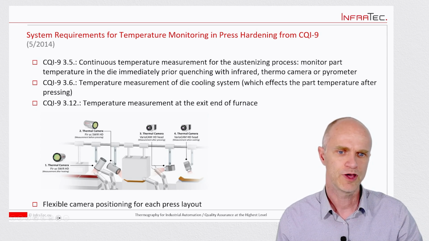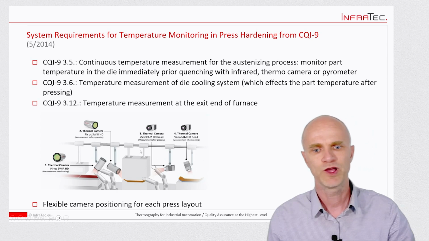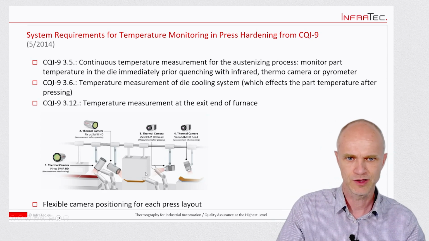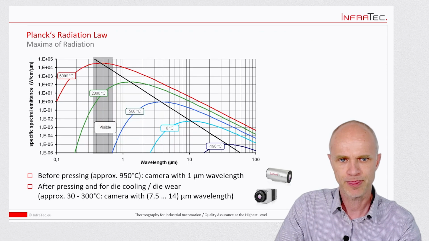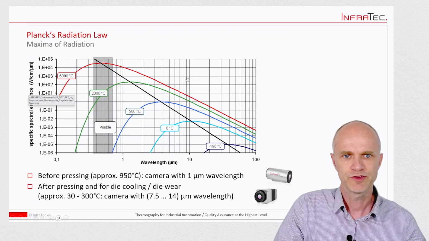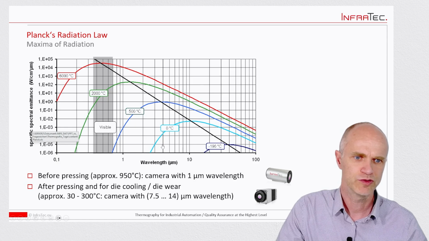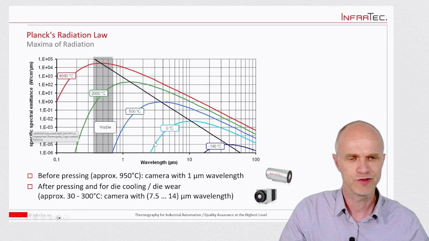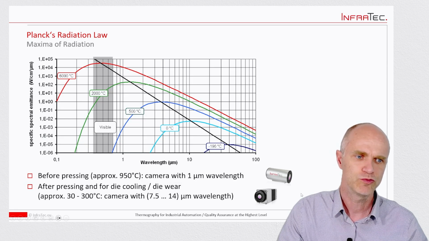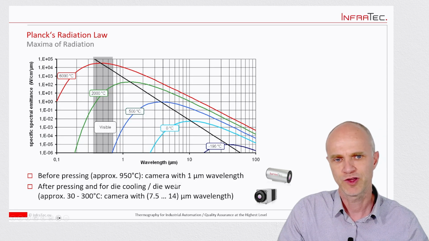So it's important to measure the temperature after the furnace, before pressing, after pressing, and sometimes also after the pressing on a conveyor belt. For this, we have a flexible camera positioning, and this helps to adapt our system to each press layout. And with this physical background, I would give you some values, because it's important to measure the different temperatures you have in this process and to use different cameras for each temperature range.